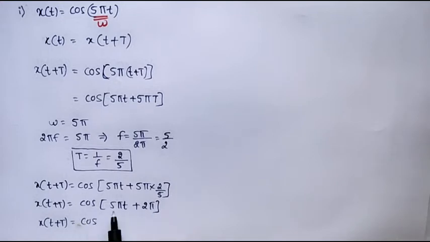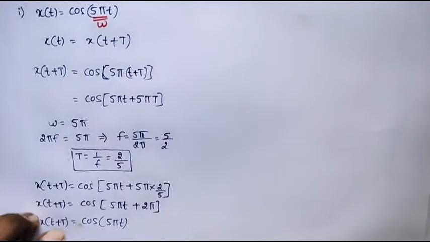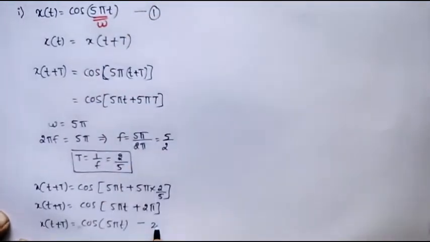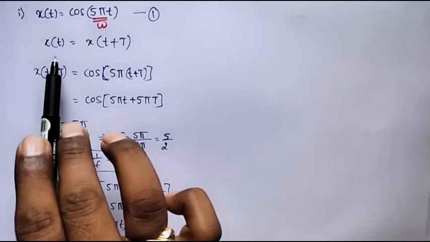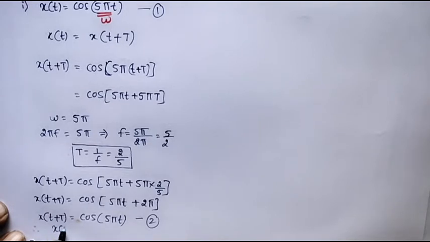Therefore cos phi u pi t plus 2 pi is nothing but cos phi u pi t. Let this be equation number 1, and let this be equation number 2. From equations 1 and 2, it is verified that x of t is equal to x of t plus T, therefore x of t is periodic with period 2 by phi u.